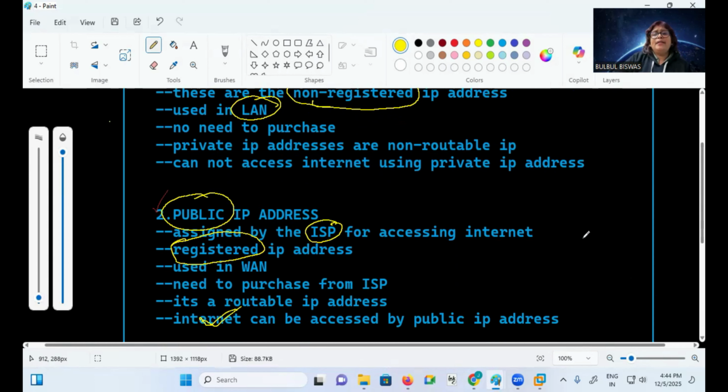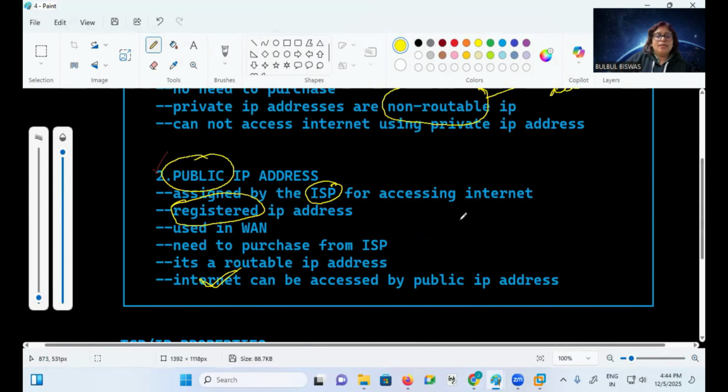Private IP addresses we call non-routable. Non-routable means we cannot access the internet by using a private IP. But if we have a public IP, we can access the internet. That means we can route, we can go out of our network.